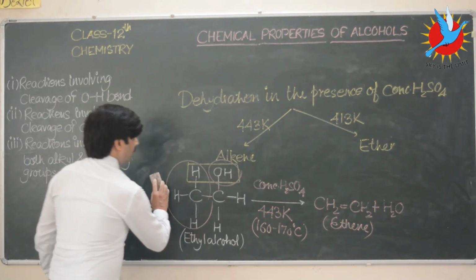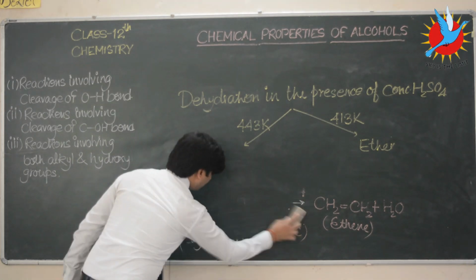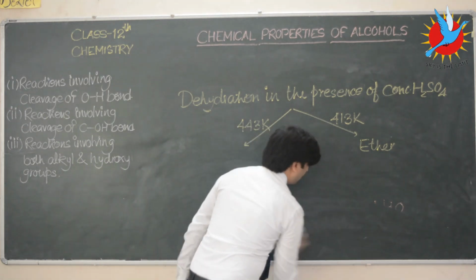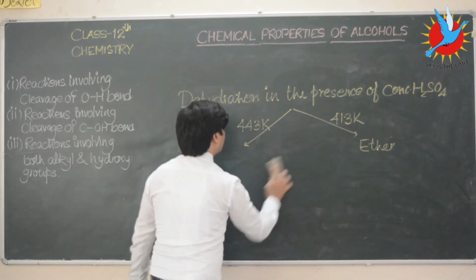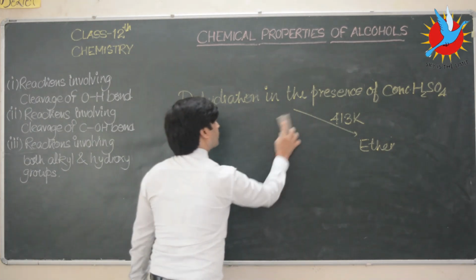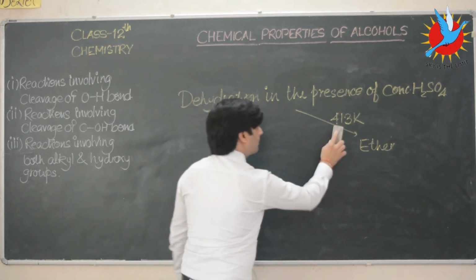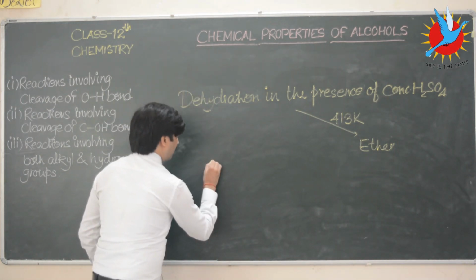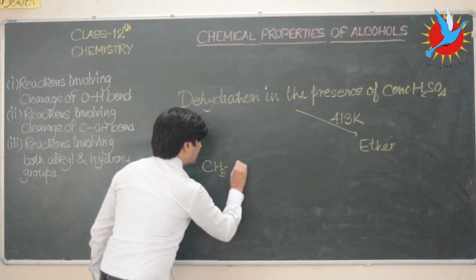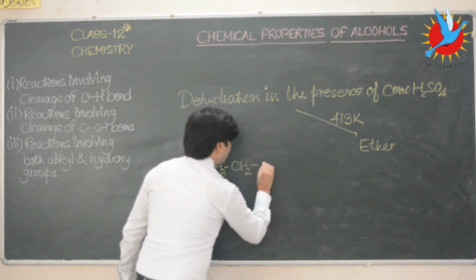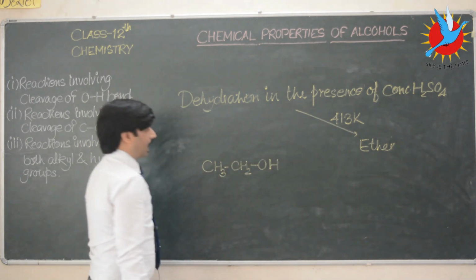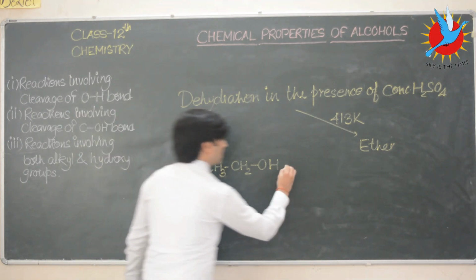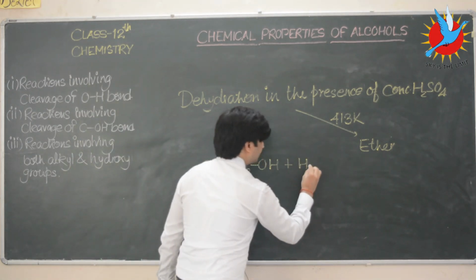And if we are talking about dehydration of alcohol in the presence of concentrated H2SO4 at a temperature of 413 Kelvin, what will be the product? That time we have to take excess alcohol. I am taking the example of ethyl alcohol. Excess alcohol I have to take.